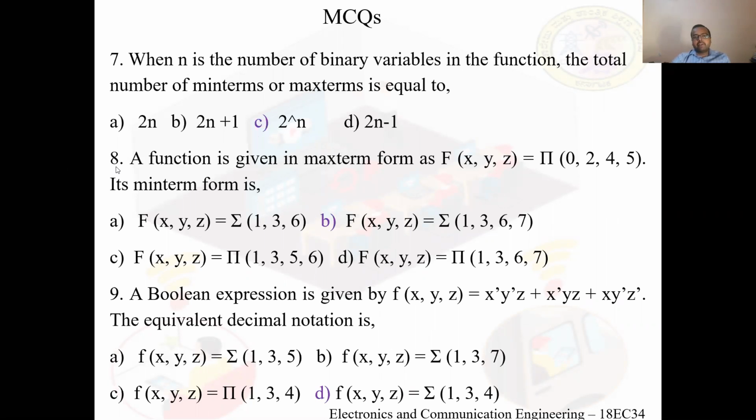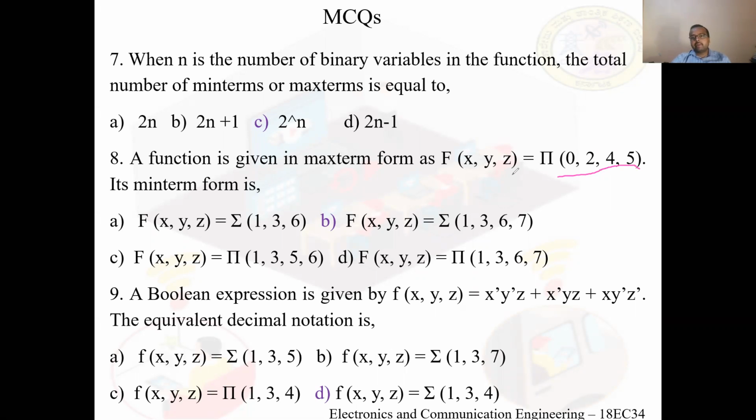Question 8. A function is given in max term form as f of x, y, z is equal to pi 0, 2, 4, 5. Its min term form, as I already explained in one of the examples. Now what are the numbers we have here? 0, 2, 4, 5.